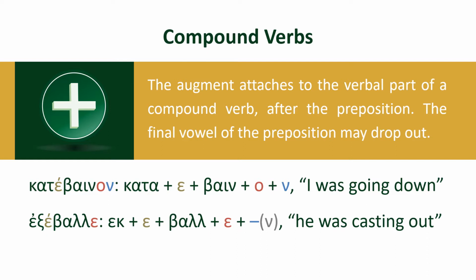Notice, as you've learned before, that the final kappa of the preposition ek changes to xi when it's followed by a vowel. So the addition of augment, which is a vowel, causes this change in ek, which goes to ex. Exebale. The key principle then, the augment attaches to the verbal part of a compound verb after the preposition. The final vowel of the preposition may drop out.